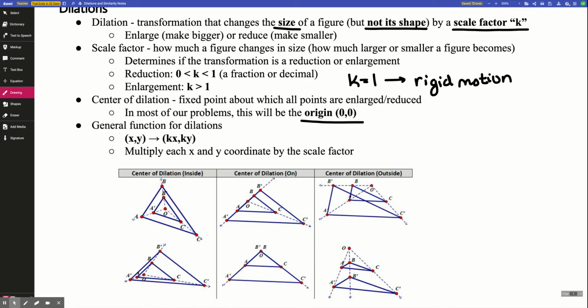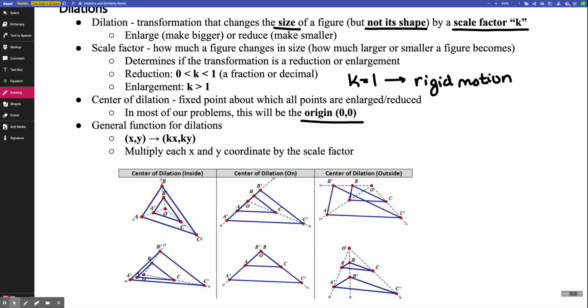If you think back to when we were talking about function notation for translations and reflections and rotations, we had these functions where we have the original coordinate and then an arrow and then what's happening to each coordinate on the right hand side.